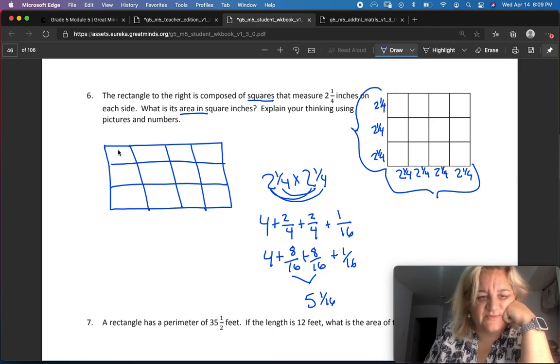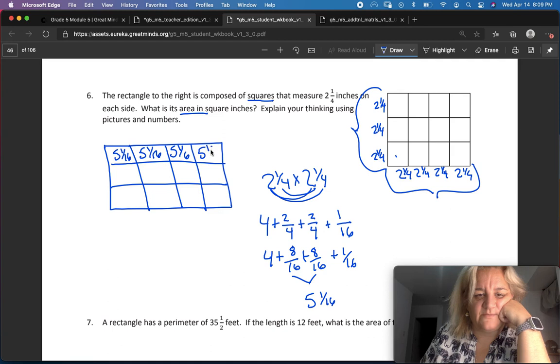So each of these would be 5 and 1/16. So if they're each 5 and 1/16, I'll write them all in for you, because we just said that's what the area is of this times this, right? 5 and 1/16.